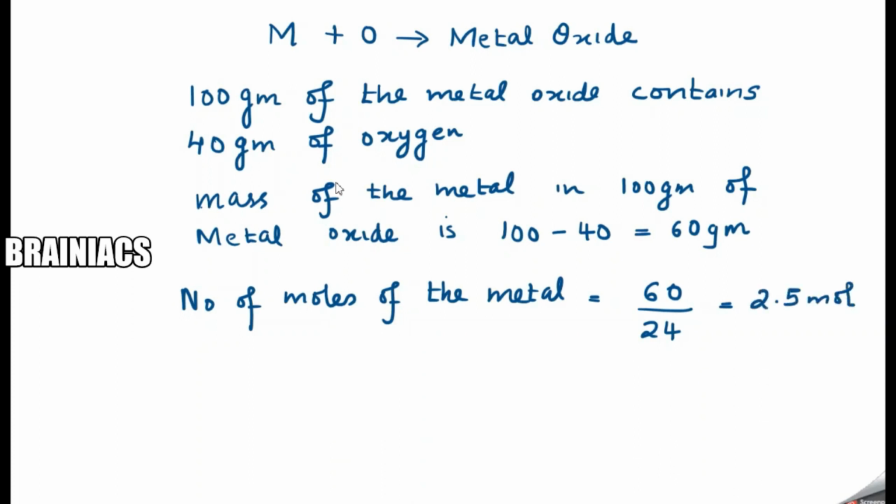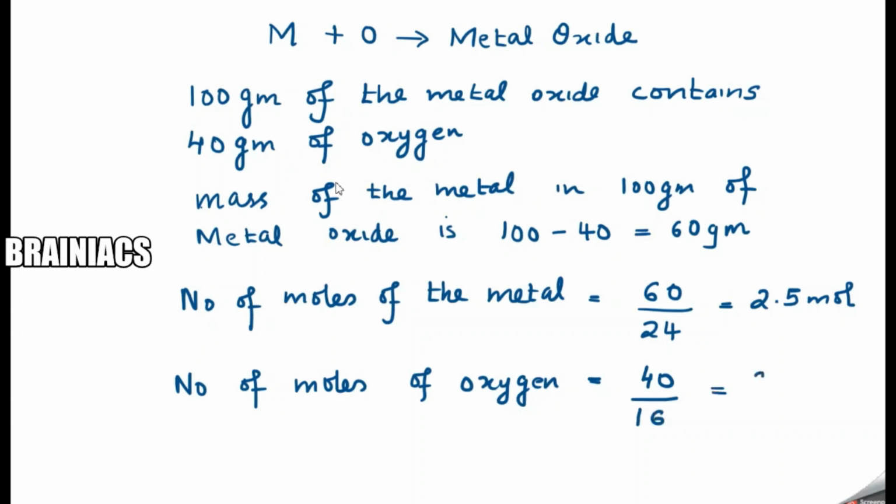Correct? Now similarly find out the number of moles of oxygen. The number of moles of oxygen is equal to the given mass of oxygen, 40, divided by the atomic mass of oxygen, which is 16, and that value will be again 2.5 mole.